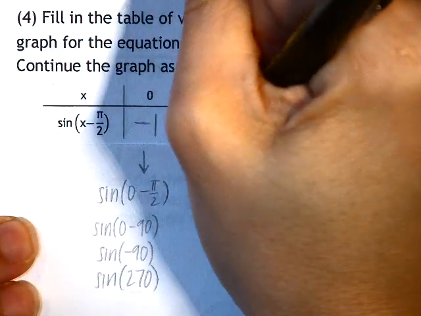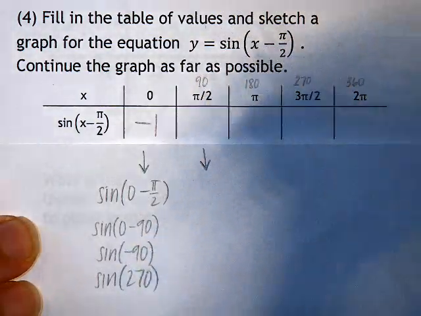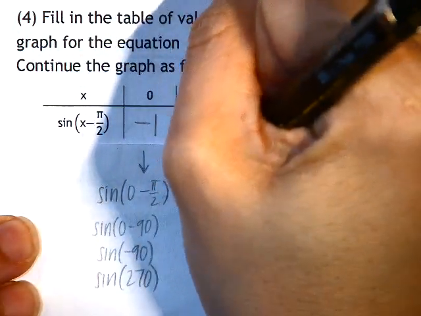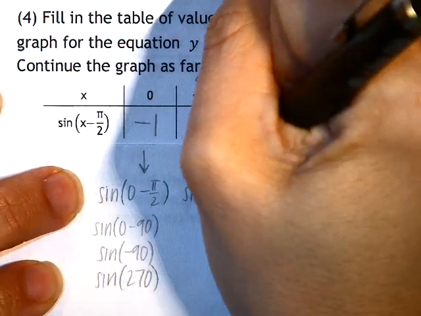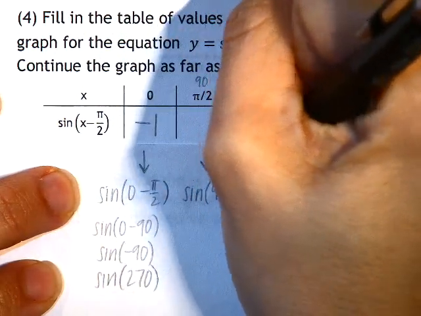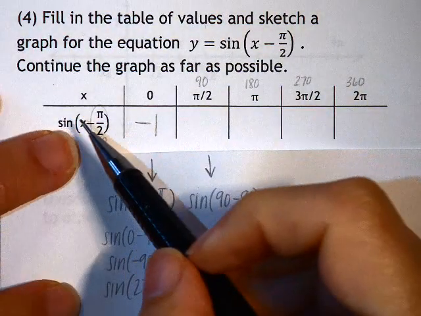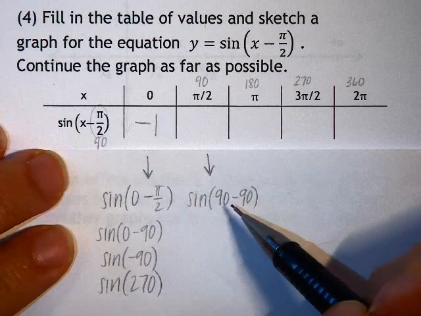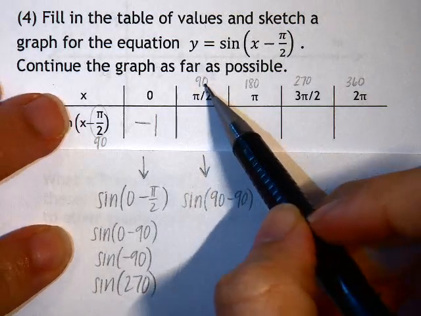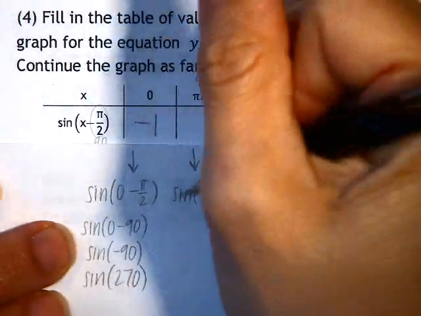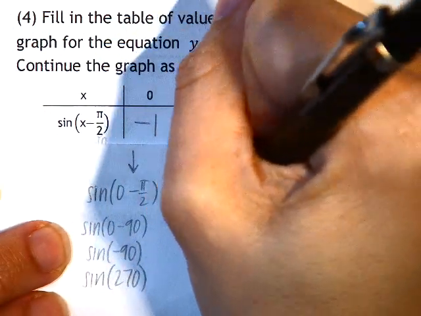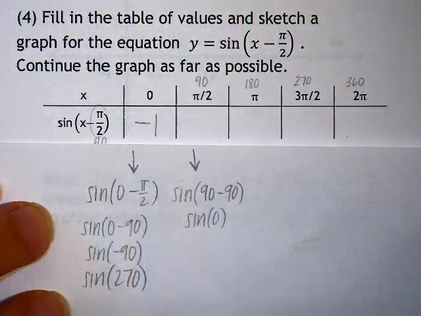For example, pi over 2, which is really 90 degrees, I'll plug in the 90 as my x, so that means I have sine of 90 minus 90. So again, I'm converting the pi over 2 in this problem to a 90. X becomes 90 minus the 90 that was already there. So fortunately, this isn't even a coterminal problem. 90 minus 90 is just 0.